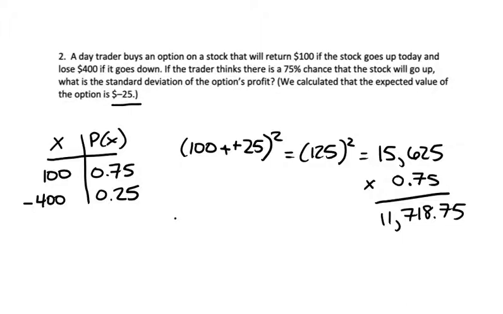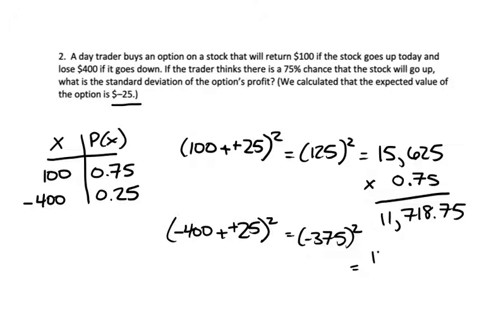Now I need to do the second row. So this is going to be negative 400 minus negative 25, again, is going to change to plus. So that's negative 375 squared. Again, when I square a negative number, it should give me a positive number. And that is 140,625.